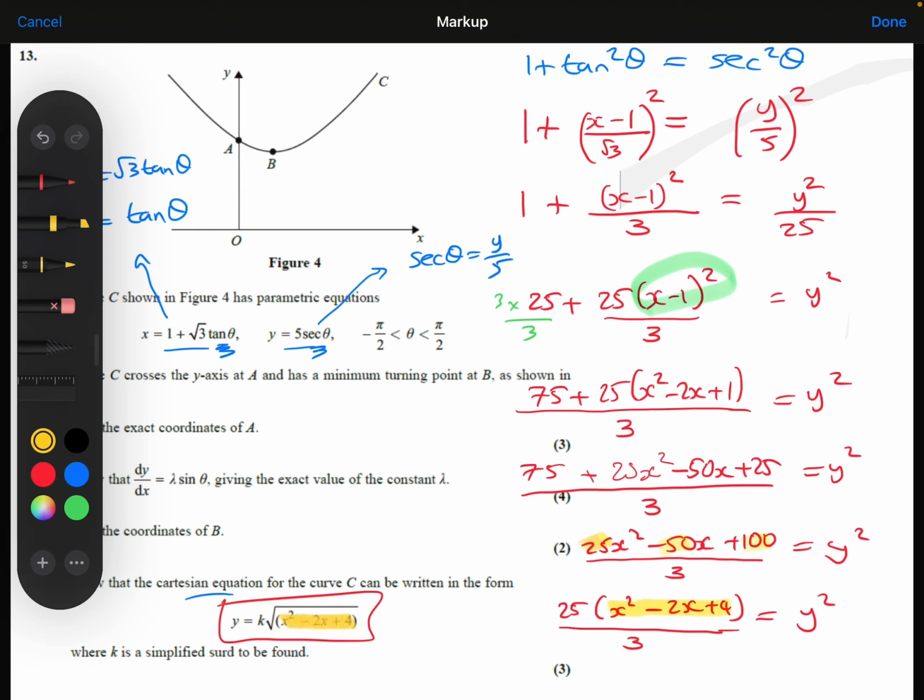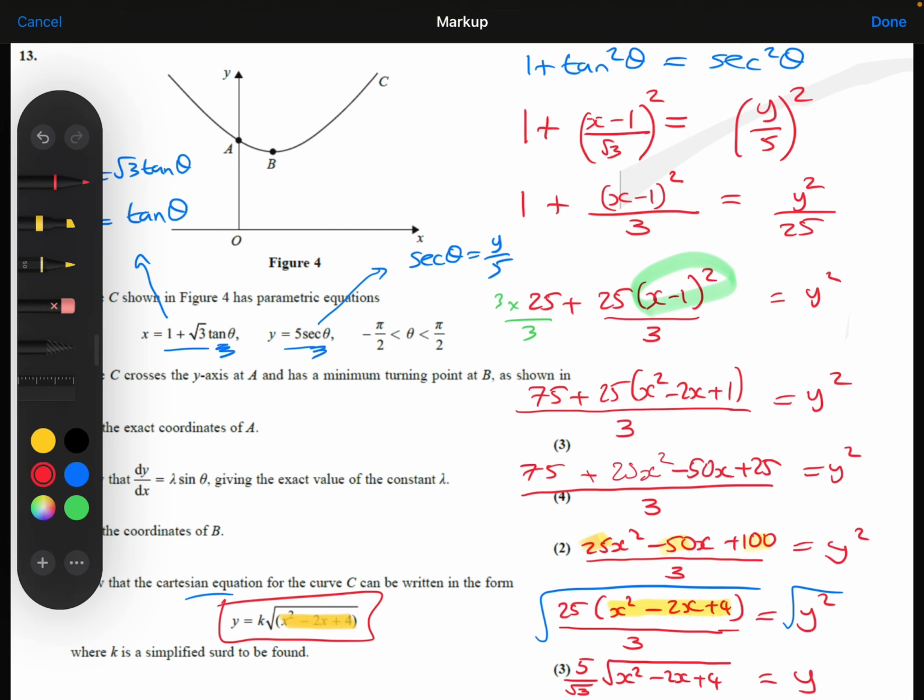All I need to do now is to square root both sides. So square root here, square root here. So I get y equals, now the square root of 25 is 5. I can't square root the 3, so I'll leave that as root 3. And then I will have the square root of x squared minus 2x plus 4.